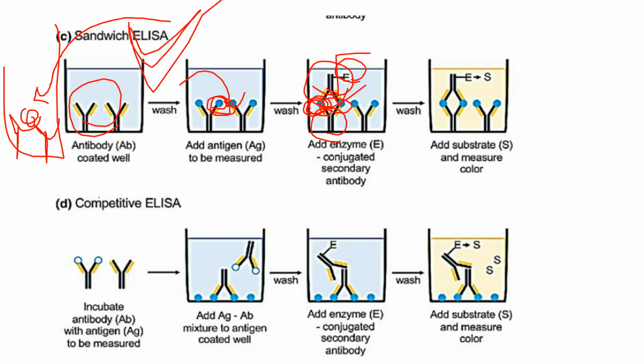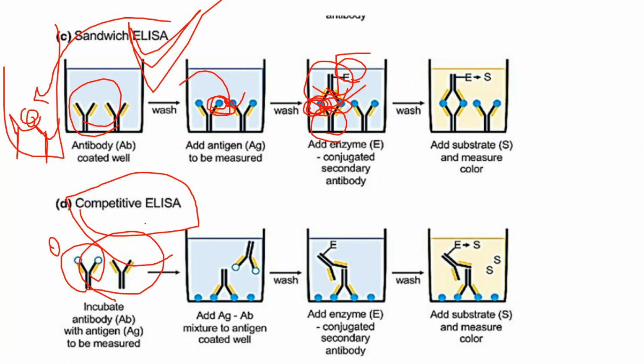And the fourth type is competitive ELISA. As the name suggests, here there is a competition. First, we incubate the antibody with the antigen to be measured. So we incubate in the presence of antigen and also the antibody. They will bind. Once the antibody already has the antigen, we add this to the coated one.